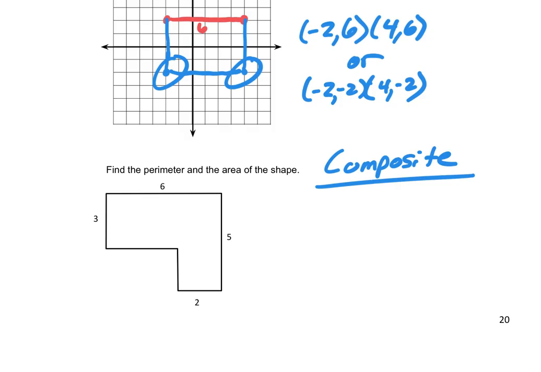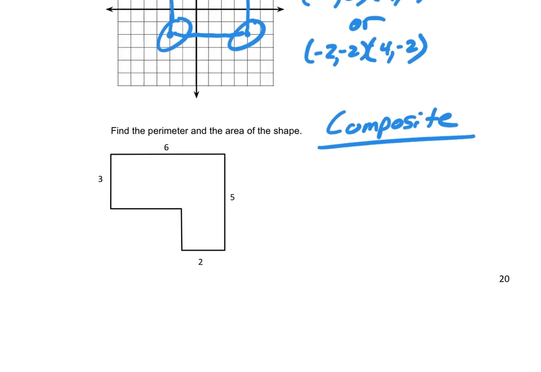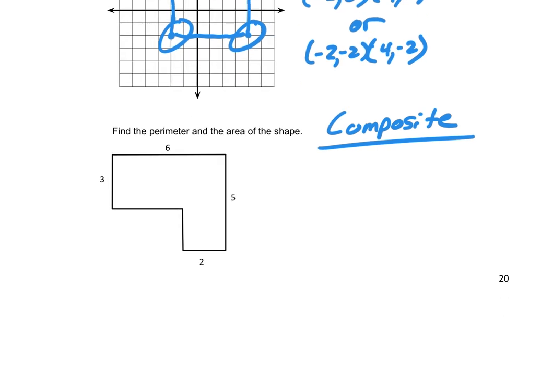And so when we find the perimeter and area, we can't really use a formula that we have. What we have to do is break it up into smaller parts. And so what I like to do here is break it up into 2 rectangles. We have the top one and we have the bottom one. We're going to find the perimeter and then we're going to find the area.